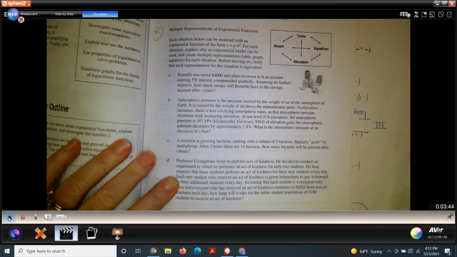He then requests that these students perform an act of kindness for 3 new students every day. Each student who receives an act of kindness is given instructions to pay it forward to 3 additional students every day. Assuming that each student is a recipient only once and everyone who has received an act of kindness continues to fulfill 3 acts of kindness each day, how long will it take for the entire student population of 6,100 students to receive an act of kindness?